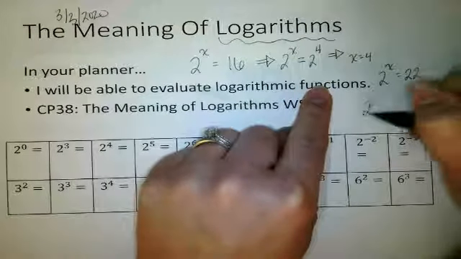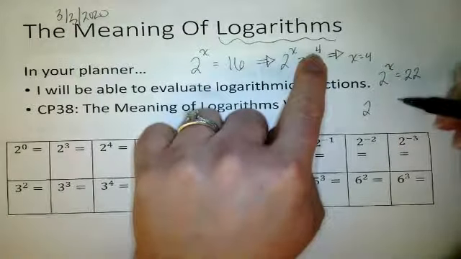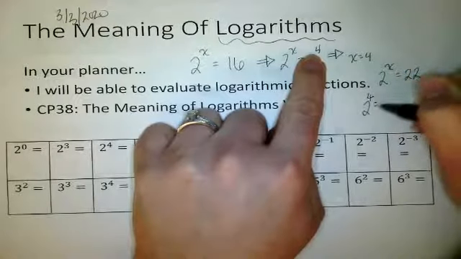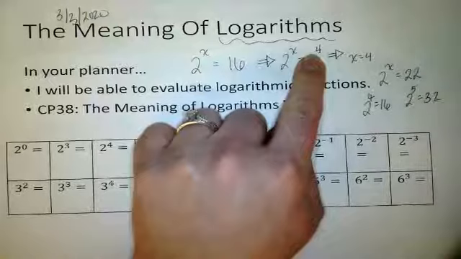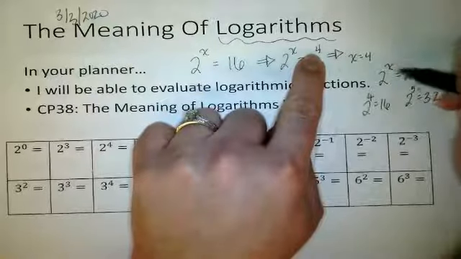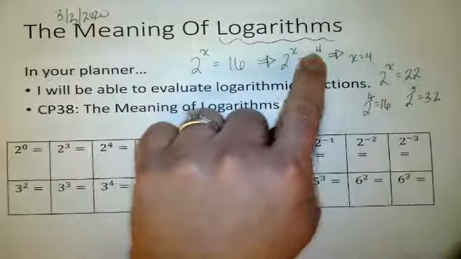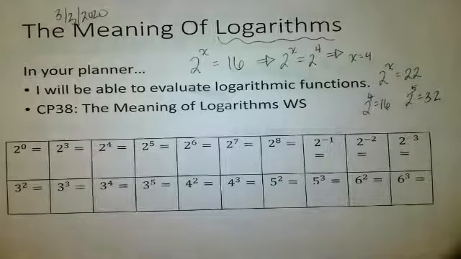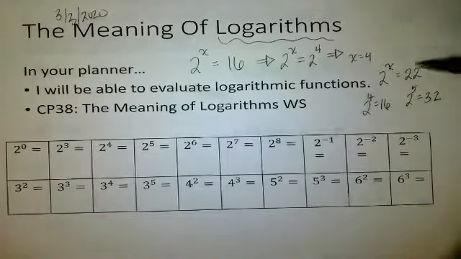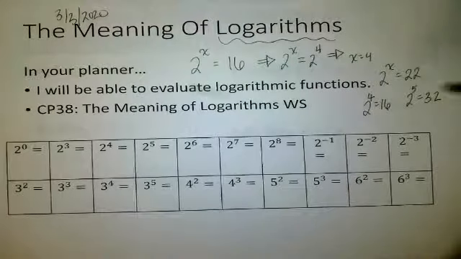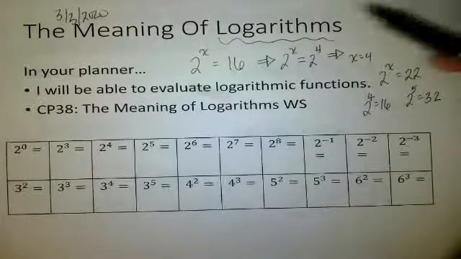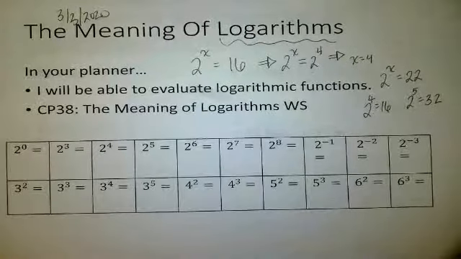I know that 2 to the 4th is 16, and I know that 2 to the 5th is 32. So x must be between 4 and 5. What we want to do is actually figure out the value of x that gives us 22, and logarithms are going to help us do that.